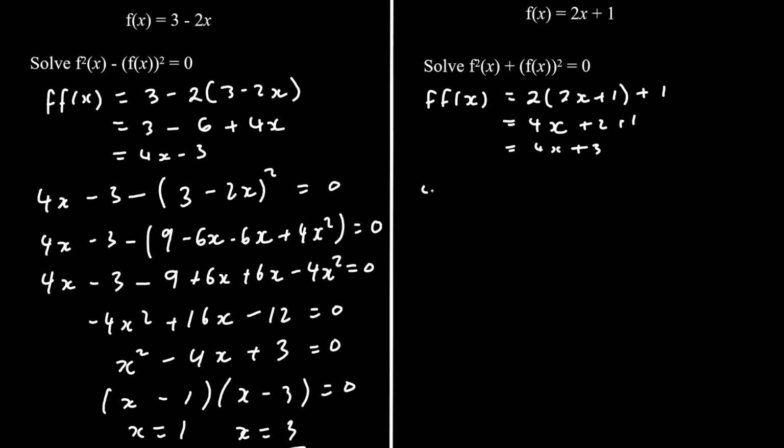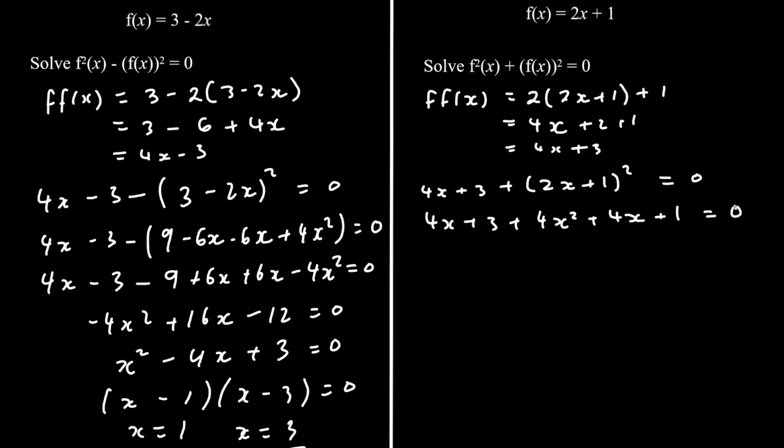So we've got 4x plus 3 plus 2x plus 1 squared equals 0. So 4x plus 3, expanding 2x plus 1 times 2x plus 1 will give us 4x squared plus 2x, so 4x in total, plus 1.